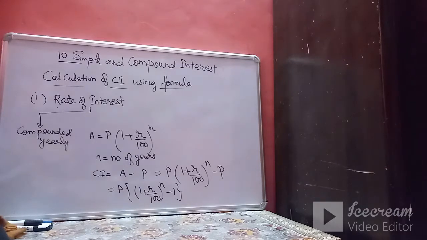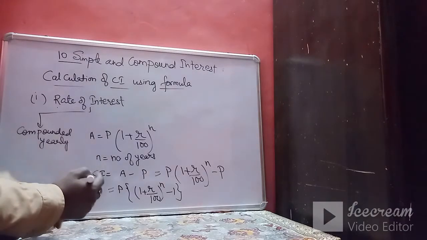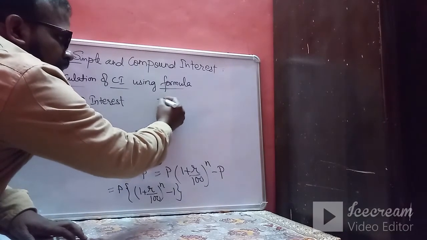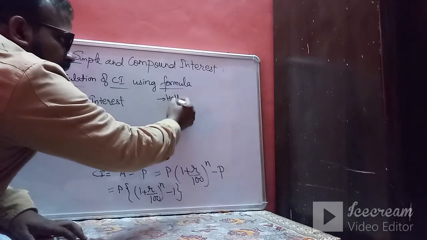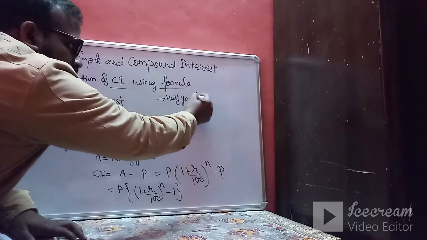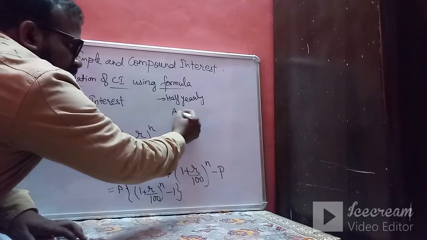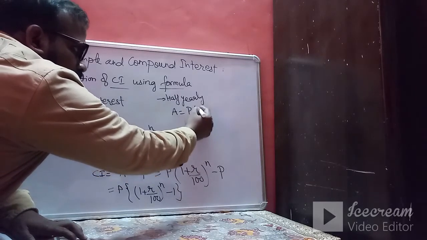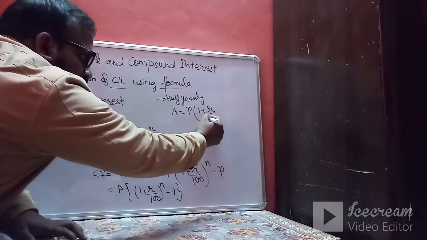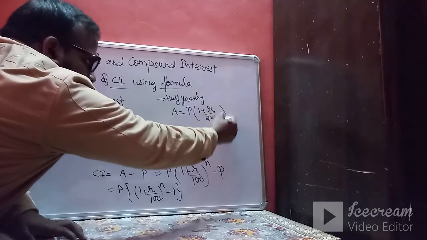Similarly, we have studied in exercise 10.2 the calculation of compound interest when the rate of interest is compounded half yearly as well as quarterly. So for that case also the formulas are there. Suppose it is half yearly. So the formula will be A is equal to P into 1 plus R upon 2 into 100 to the power 2n.